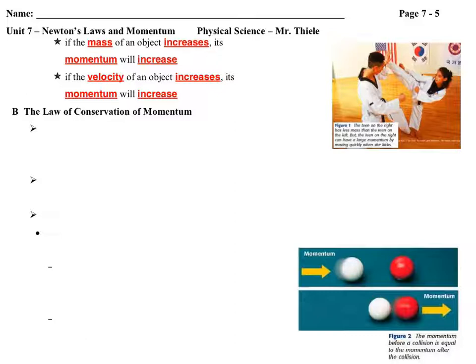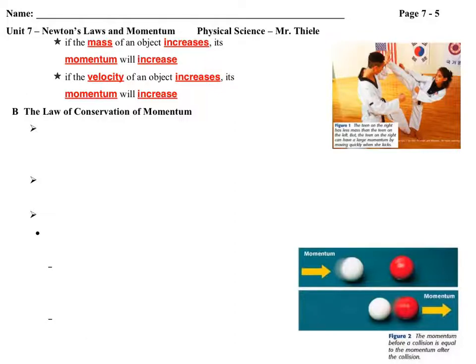Okay, now like I said a few minutes ago, most of the time momentum deals with collisions, the collision of objects. Now there's a law associated with momentum. So what happens when a moving object hits another object?